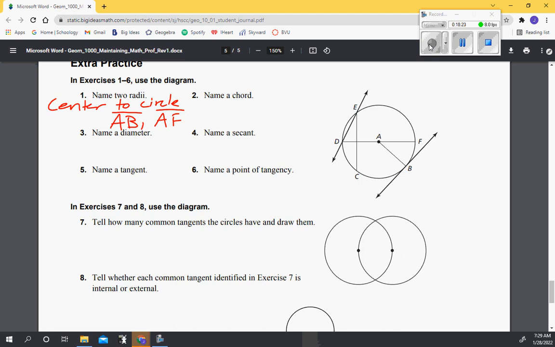Next, we have to name a chord. There's two different chords here in this circle. Remember, a chord is a segment with both endpoints on the circle.